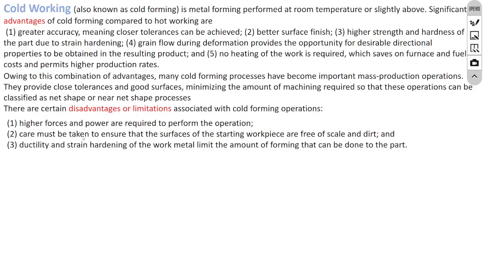Care must be taken to ensure that the surfaces of the starting workpiece are free of scale and dirt. If we have oxides over the surface, then deformation cannot be in the correct order. Ductility and strain hardening of the work metal.